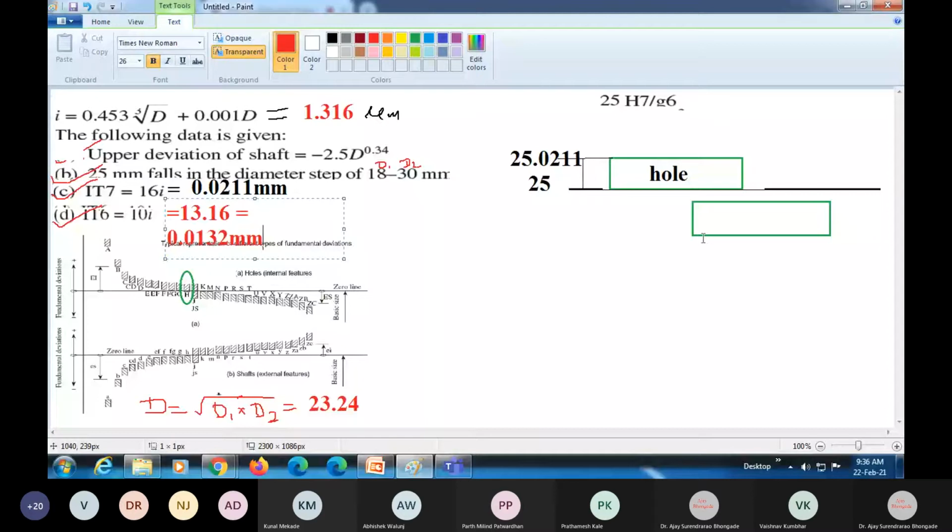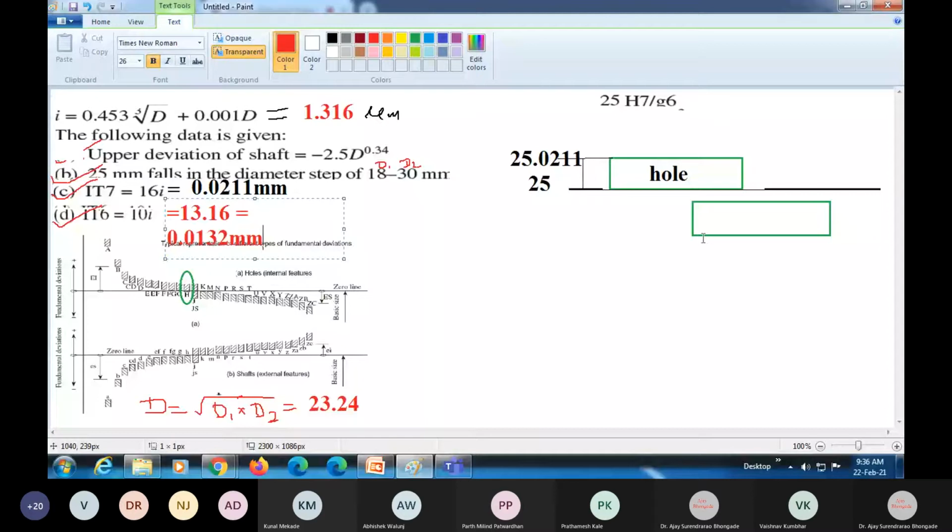Okay, so whatever the value of IT6 you are going to get, can you hear me? Yes, sir. Okay. Actually, the screen cannot be shared now because there is some network issue again, so I will be sharing my voice from another device.